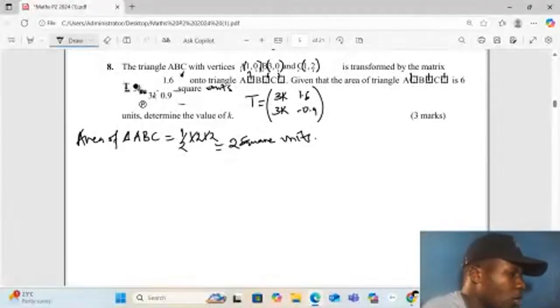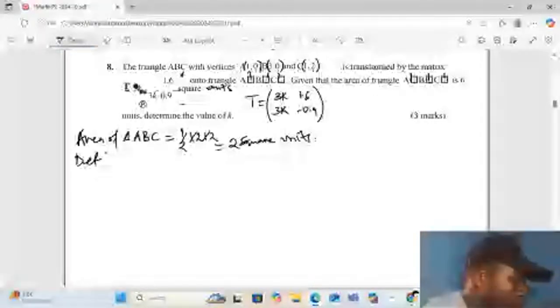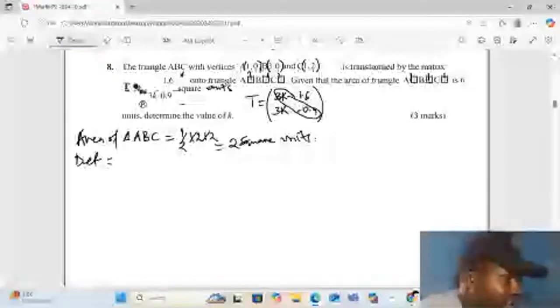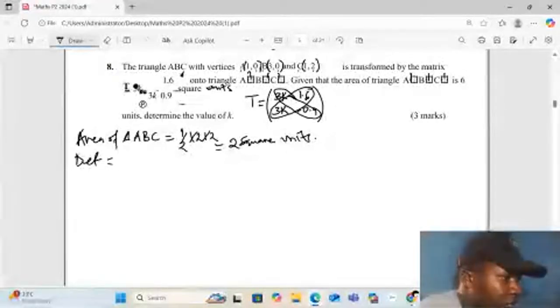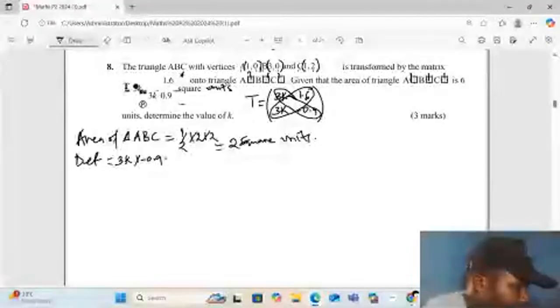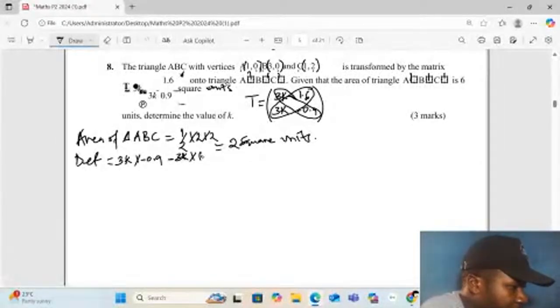Then you now look for the determinant of the matrix, which will be equal to 3k times negative 0.9, minus the multiplication of the other diagonal, 3k times 1.6.